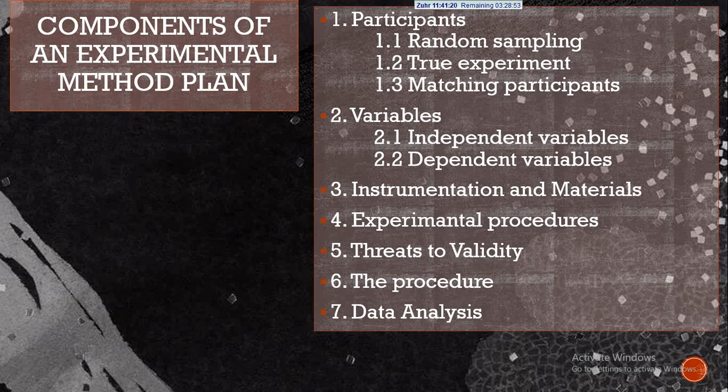Clearly identify the independent variables in the experiment. One independent variable must be the treatment variable. One or more groups receive the experimental manipulation or treatment from the researchers.